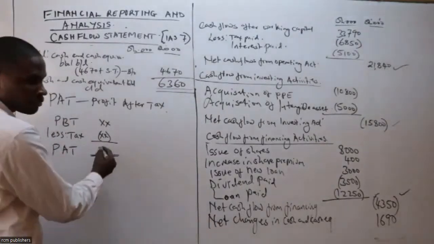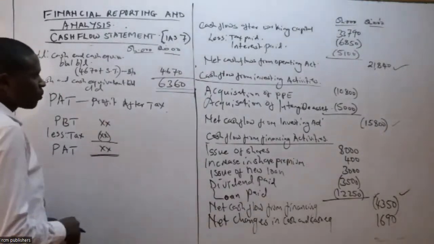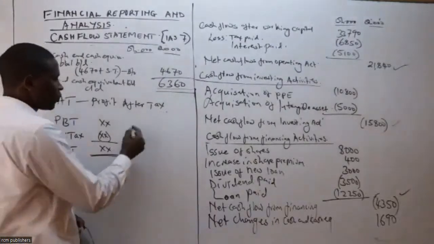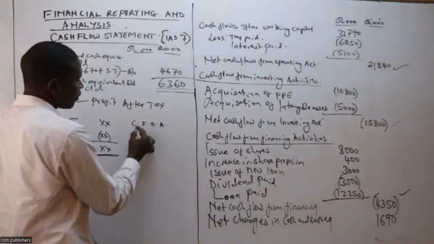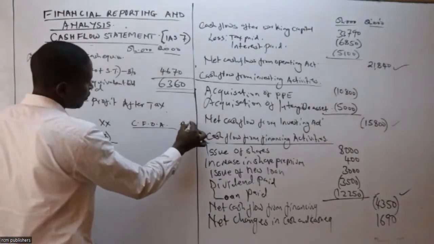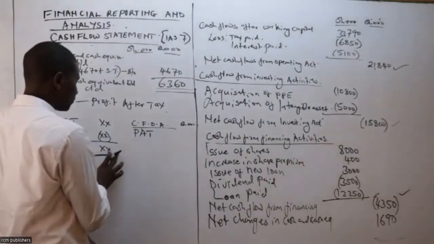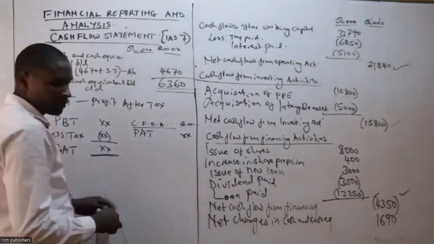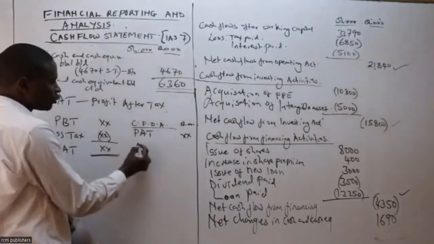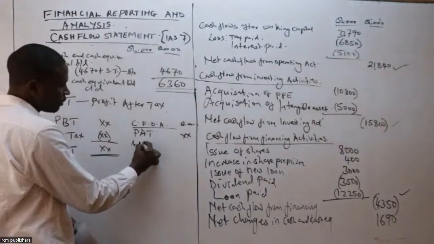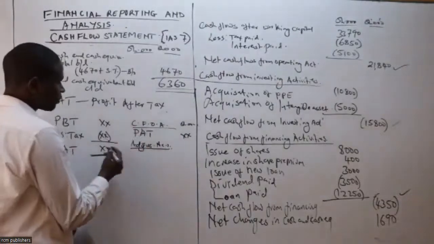So the examiner sometimes will give you this. When you're preparing your statement of cash flow, whereby we have the cash flow from operating activities, down there just put your profit after tax. Then remember that we had subtracted tax in it. So under adjustment of non-cash item, bring this tax.